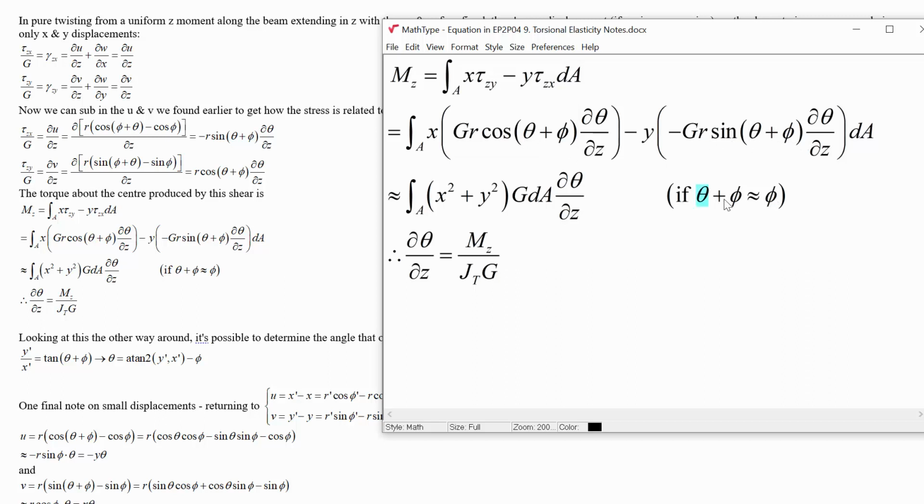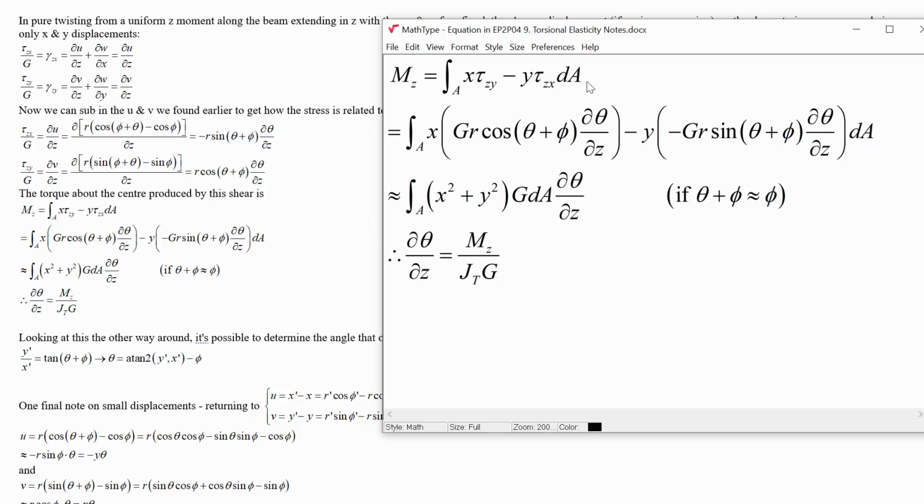Now, if theta plus phi is basically phi, so we have sort of a small twist angle, then the cos of theta plus phi is just cos of phi, and r cos phi is x, right? So this thing is going to be an x squared. And same thing over here, with the negatives cancelling out, we've got an r sine phi, and that's y. So this is approximately equal to just the x squared plus y squared times G dA del theta by del z.